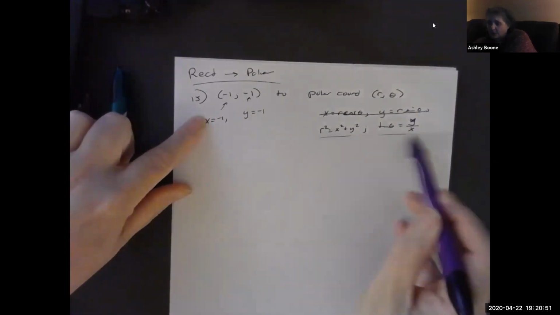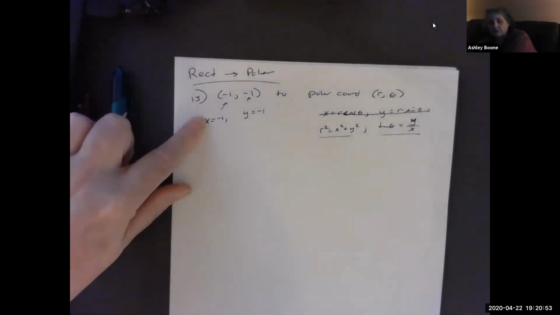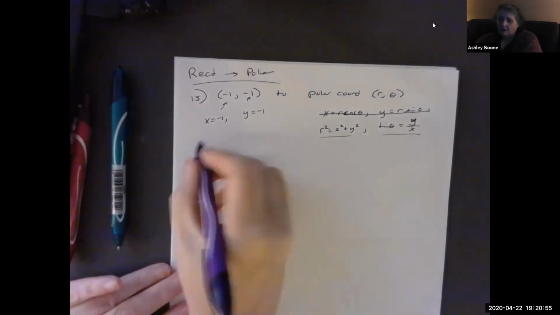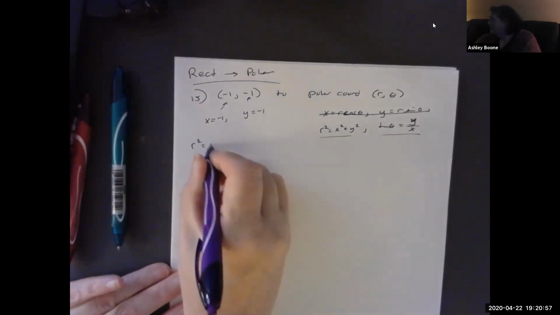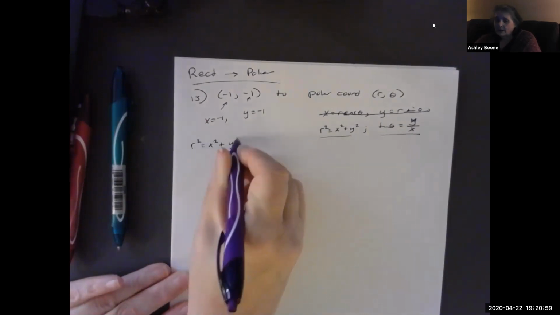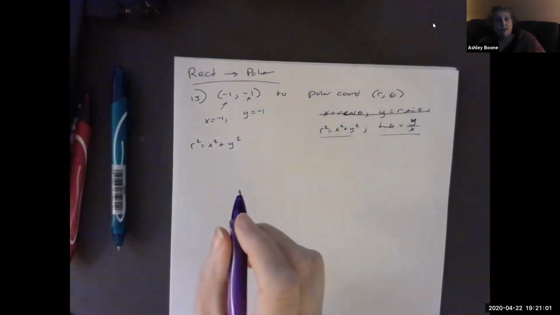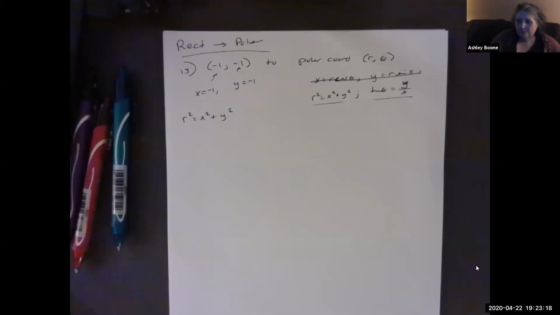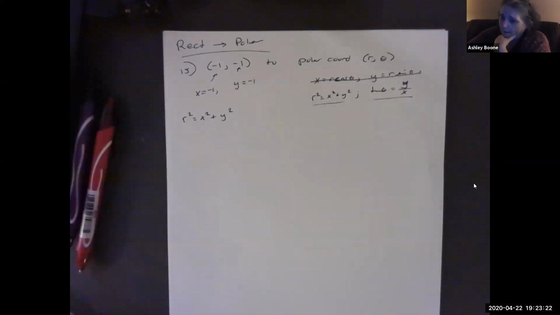But since we know x and y, these could. We know x and y. We know that r squared is equal to x squared plus y squared. So go ahead and substitute and deal with that guy. Okay, so substitute in what we know for x and y.